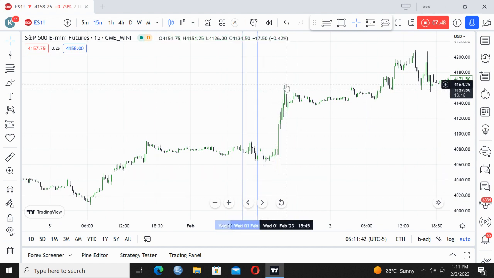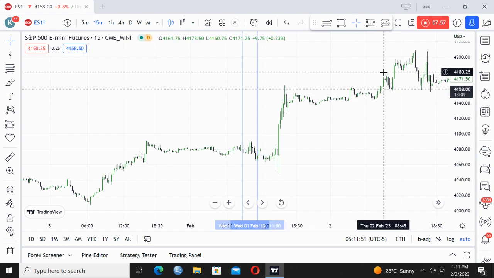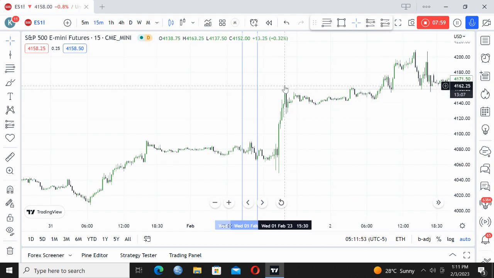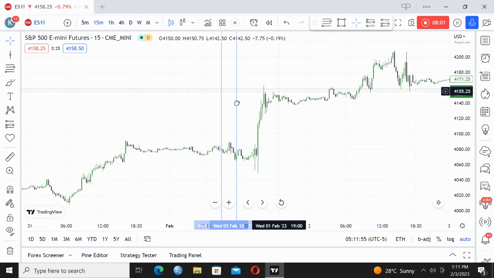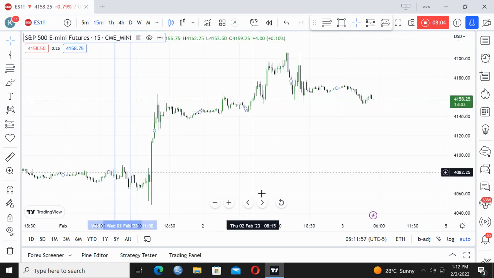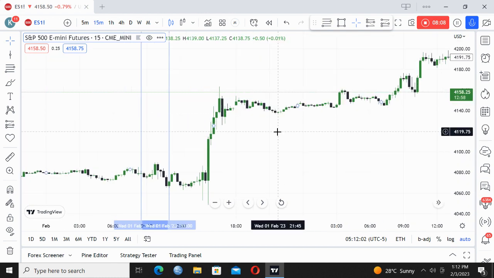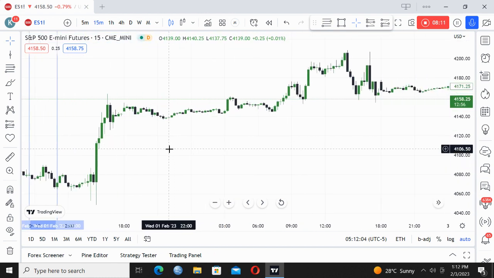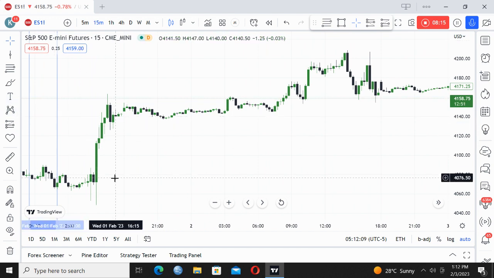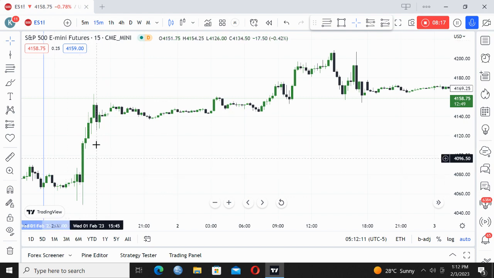And this is the high of that day, because here you can see the next day, market traded higher, taking the high of the previous day. Then after that, the market traded higher, giving us an optimal trade entry.